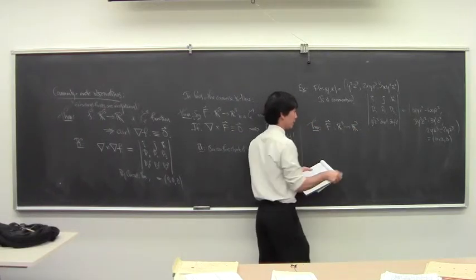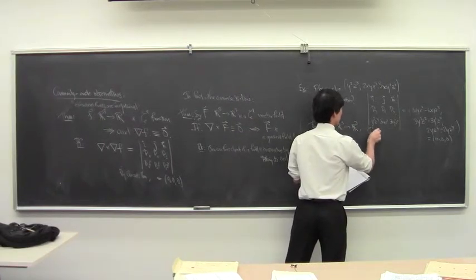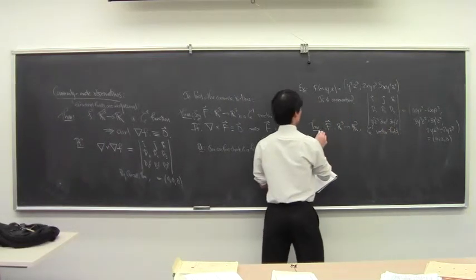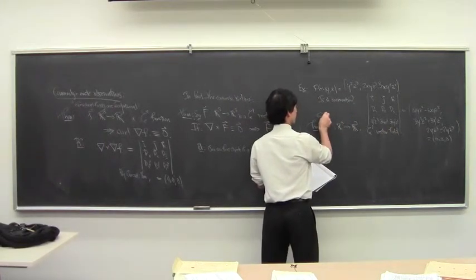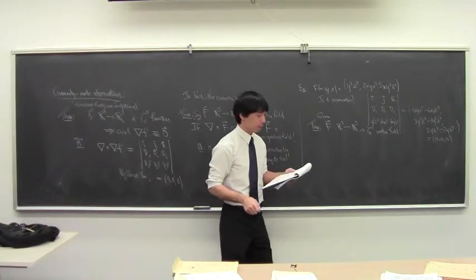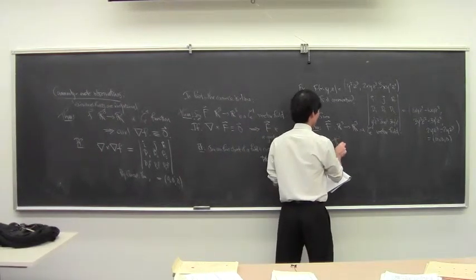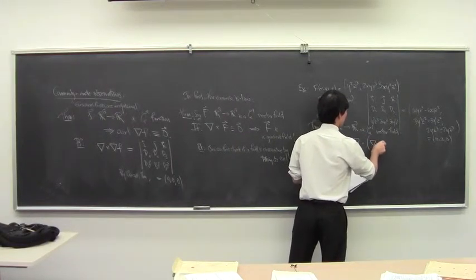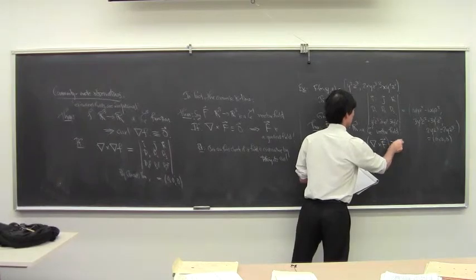You have a C2 vector field. Given this C2 vector field, the divergence of its curl is always 0.